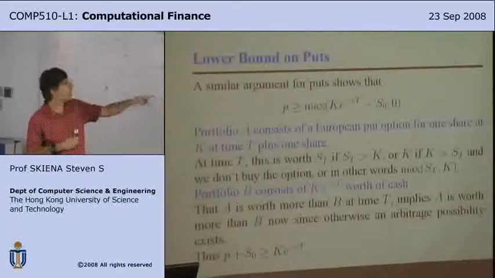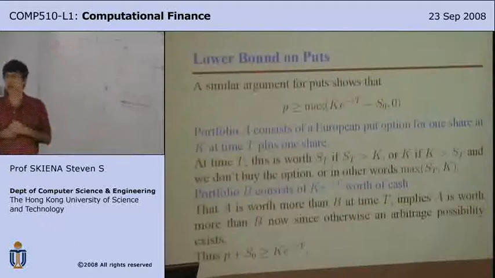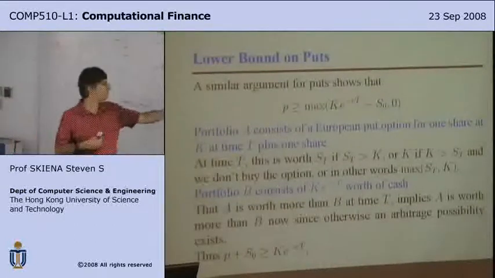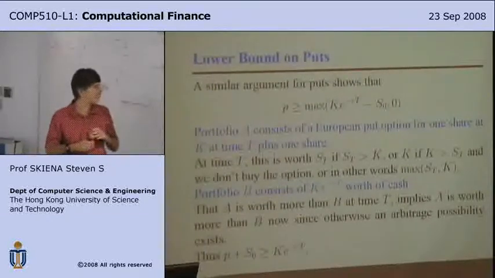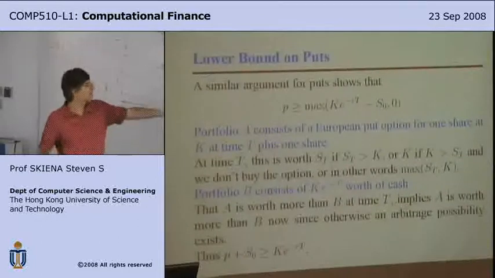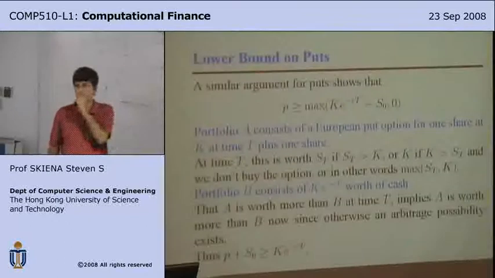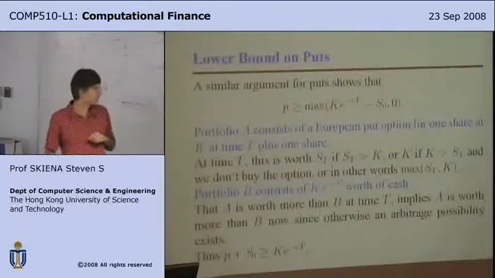So portfolio A is again worth the max of S_T and K. Portfolio B is just enough cash that if I leave it in the bank, I will have K dollars then. Clearly, portfolio A is worth at least K dollars then, because it's worth the bigger of two things.